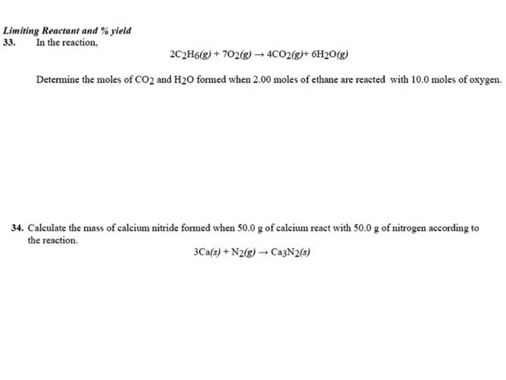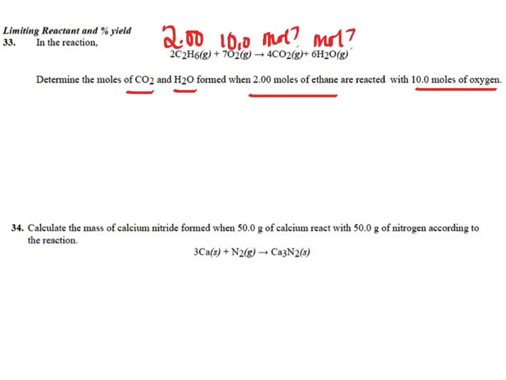It says determine the moles of CO2 and H2O formed when 2 moles of ethane are reacted with 10 moles of oxygen. So we know we have 2 moles of ethane and we have 10 moles of oxygen. And I need to figure out how many moles of carbon dioxide and how many moles of water can be formed.